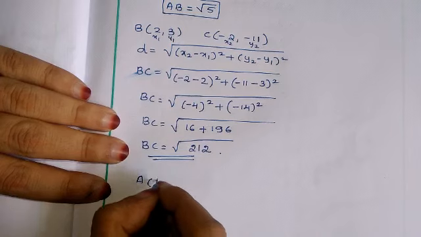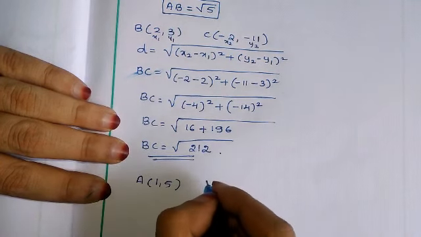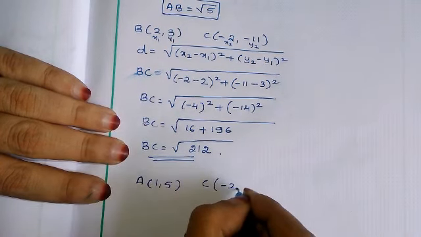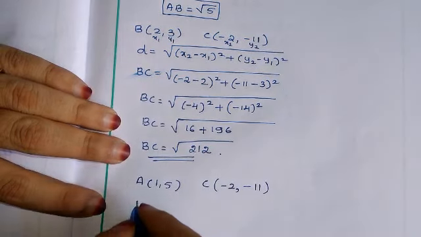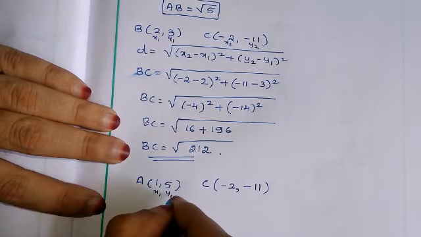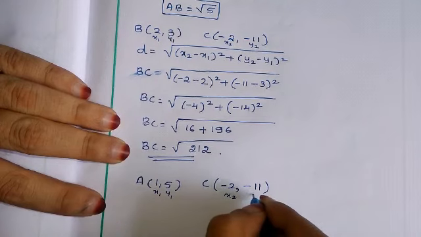Now next we want last, AC. A point is 1, 5. C point is minus 2, minus 11. Now this is x1, this is y1, this is x2, this is y2.